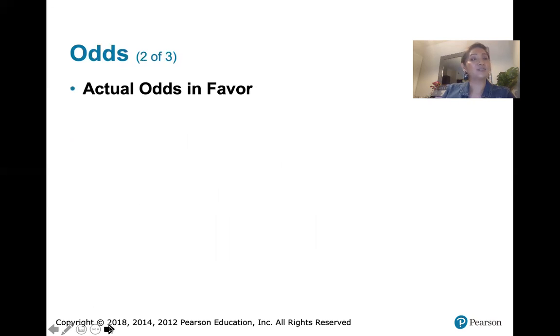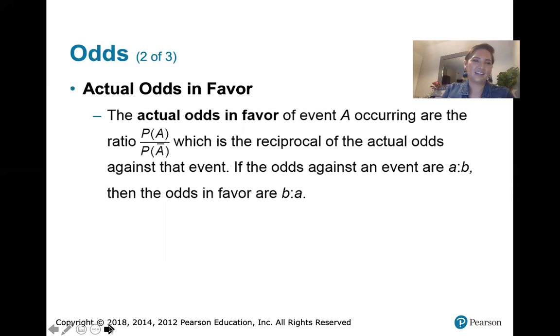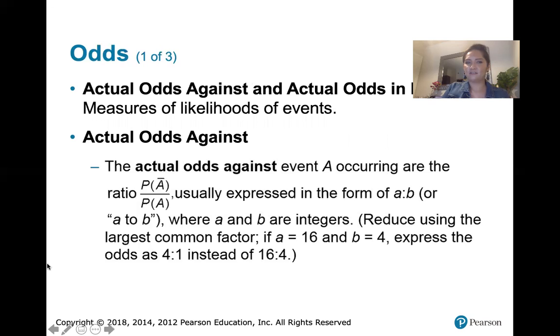Now the actual odds in favor of something happening are the reciprocal of the odds that we were looking at on the last slide. So you might think this looks exactly the same as the actual odds against something happening. How is that different from what we just did? Look at it very carefully.